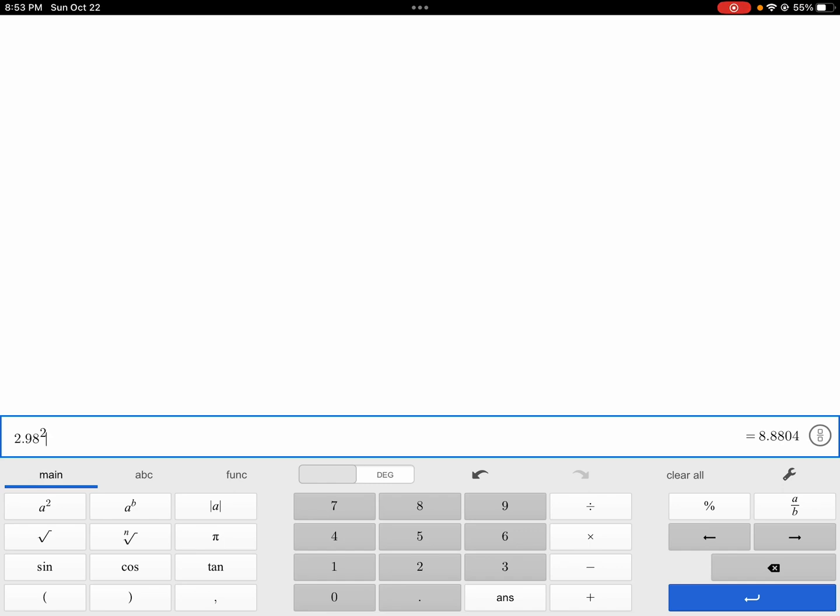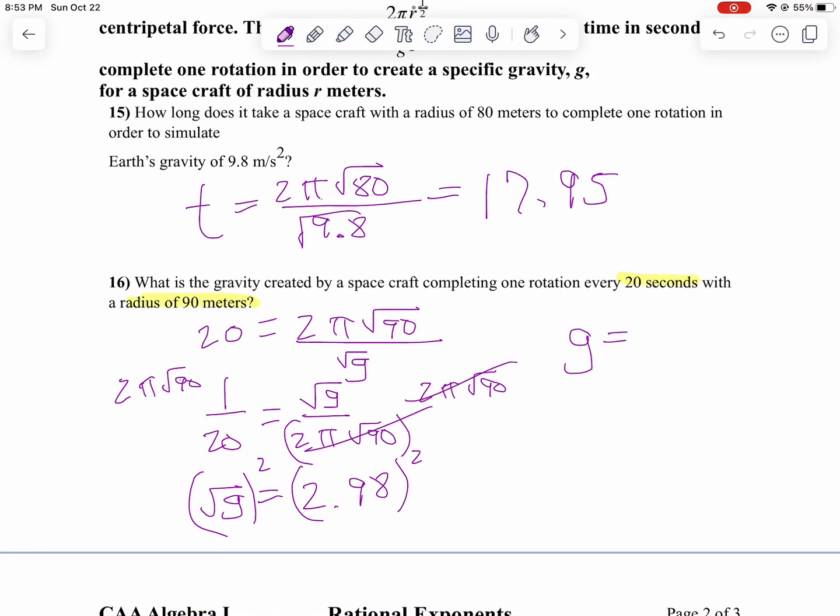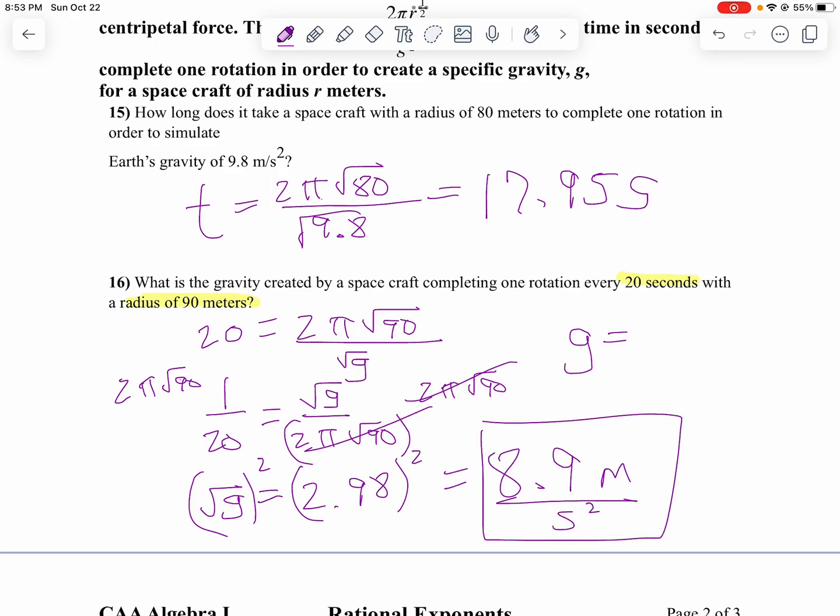And we get about 8.9. So my gravity would be about 8. Oh, I forgot seconds on my T. It'd be about 8.9 meters per second squared. And there we have our first page.